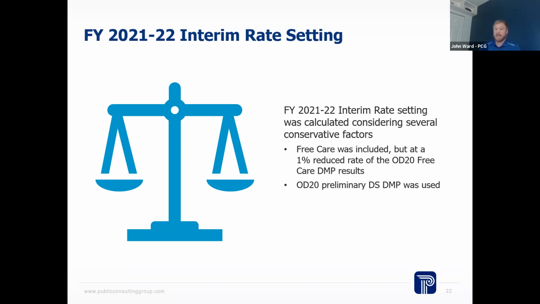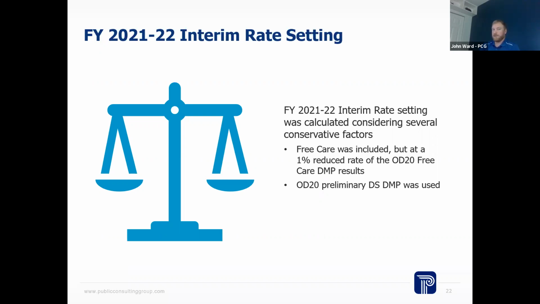So that percentage that was on that graph, just minus 1 percentage point. And then that OD20 preliminary direct service time study percentage was used again as a secondary precaution. In a perfect world, what this would mean is you all would possibly receive a higher cost settlement come April or May of next year.